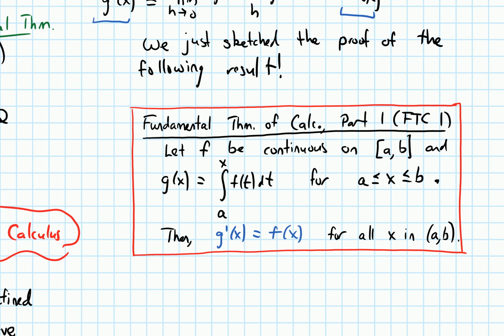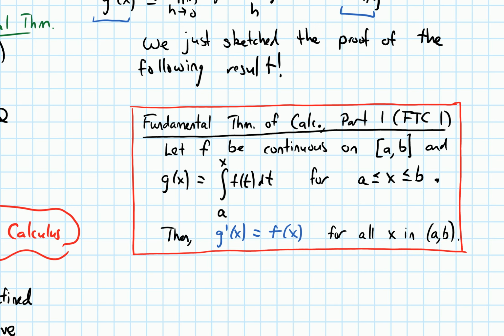So an equivalent way of writing this would be the following. What we've just shown is that the derivative of g of x equals f of x. Another way to say that, using the word antiderivative, is that g of x is an antiderivative of f, the function that we started with.